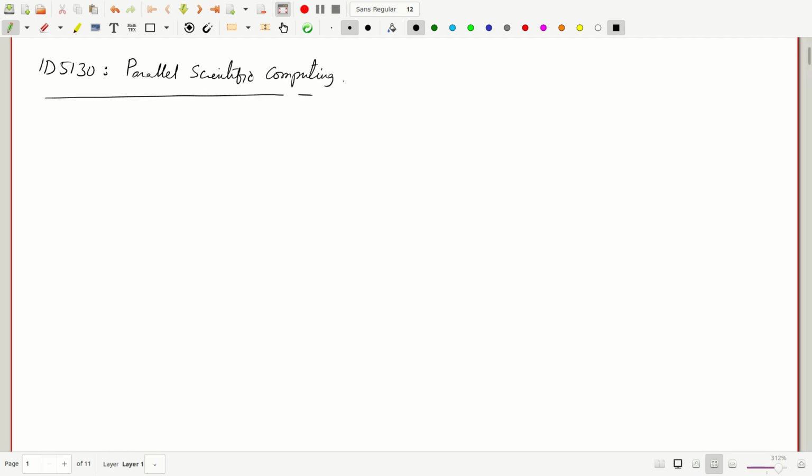Okay, so we have pretty much finished the MPI programming function calls and the way MPI works, except for one last thing in the chapter, that is the performance evaluation and analysis.